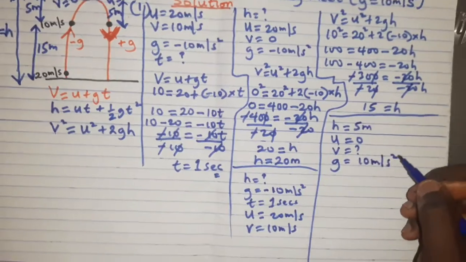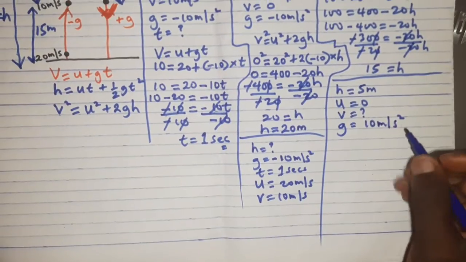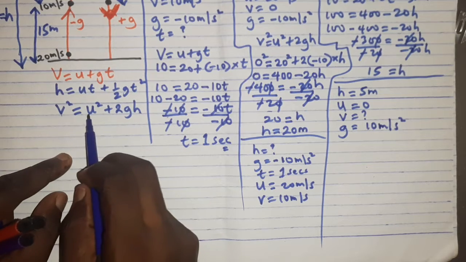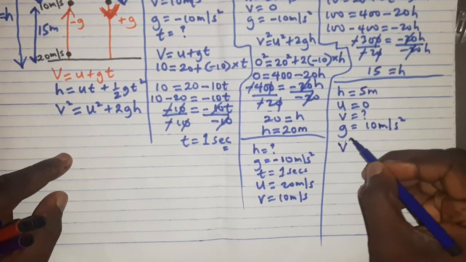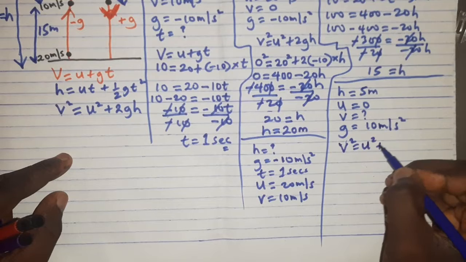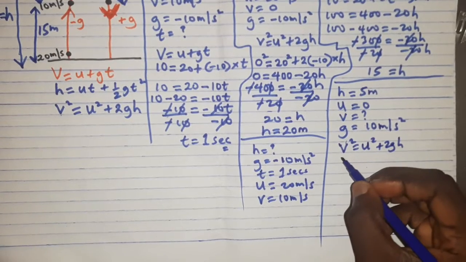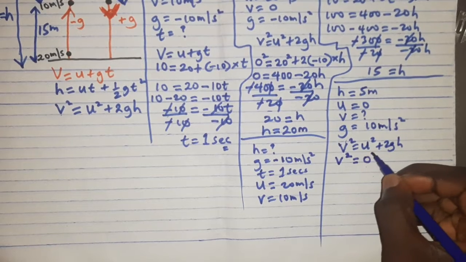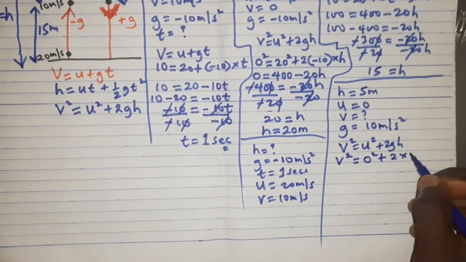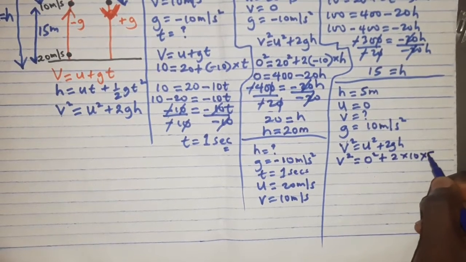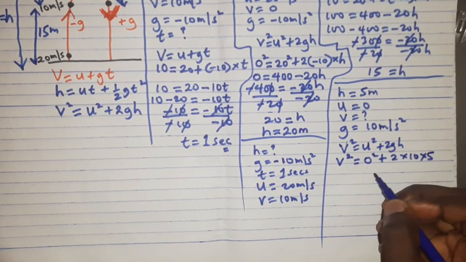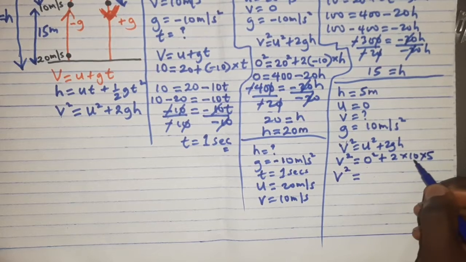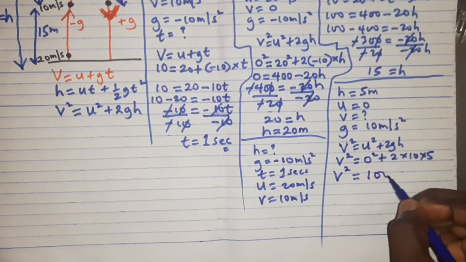So we're still going to use v squared equals u squared plus 2gh. Fixing the values, v squared equals 0 squared plus 2 times 10 times 5. This 0 squared is nothing, it can go. So v squared equals 2 times 10 times 5, which is 100.